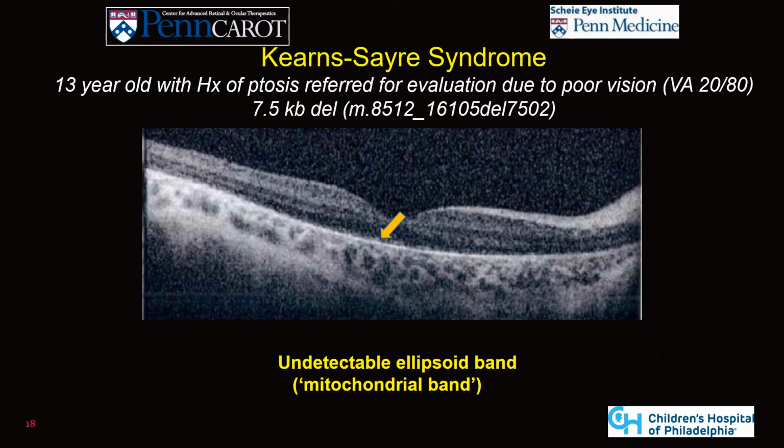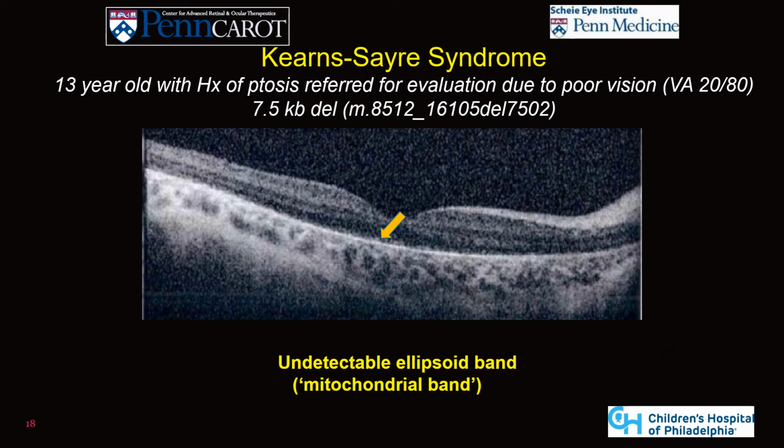This is another example of a 13-year-old who was actually referred initially to the oculoplastic surgeon's shop with ptosis, thought to have been congenital ptosis. His vision would not correct past 20/80, and then a problem in the retina was suspected. I don't have a picture here of the retina, but the picture was not that impressive.